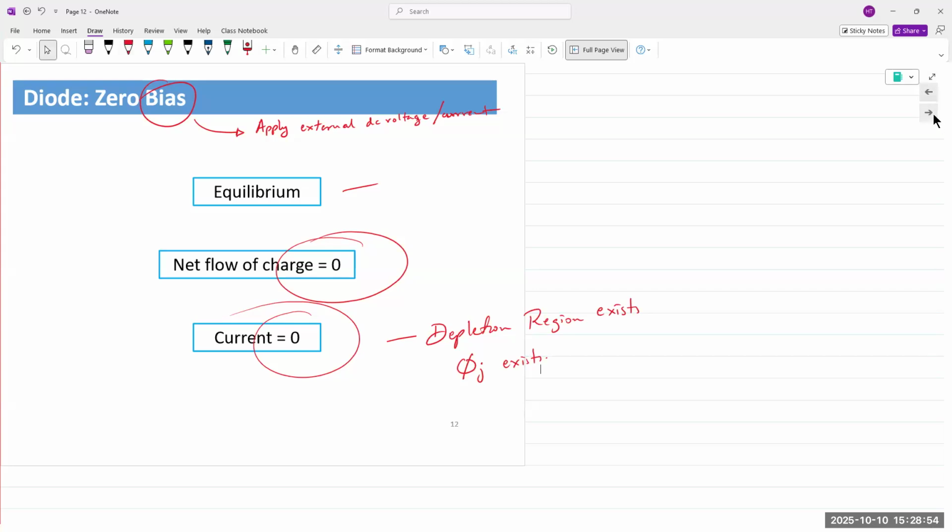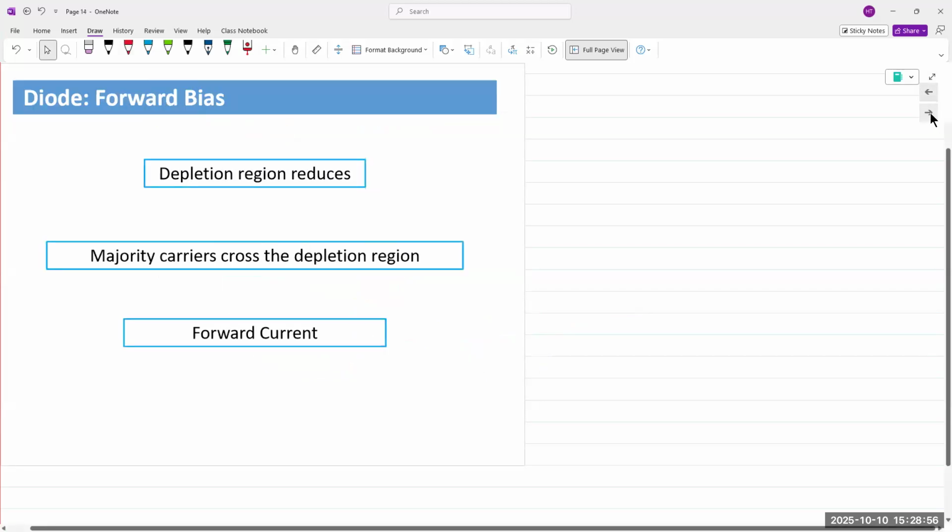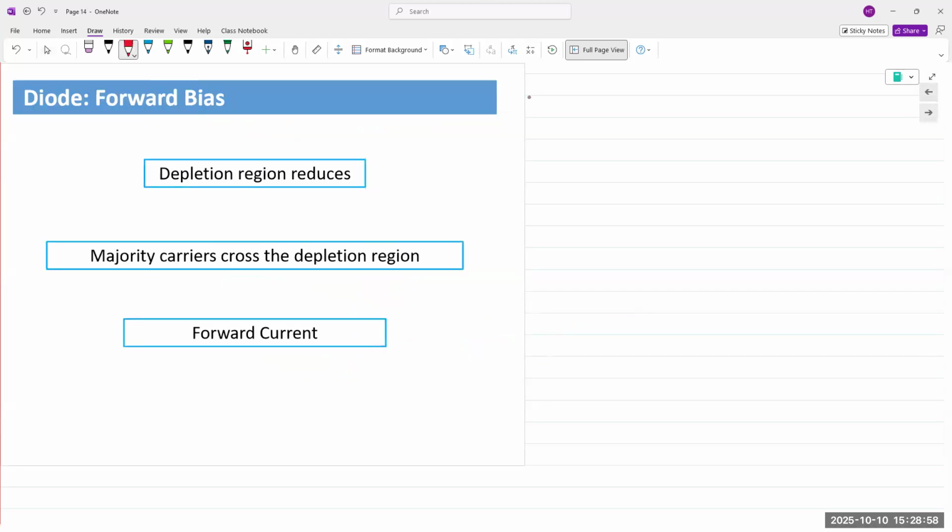Once voltage started increasing, forward bias is the process of applying positive to the P-type, negative to the N-type. And so at that point, what is happening? I had the two slides in reverse. I should have had forward first.